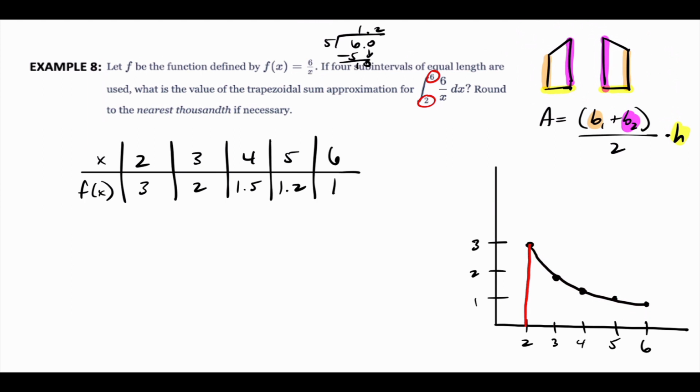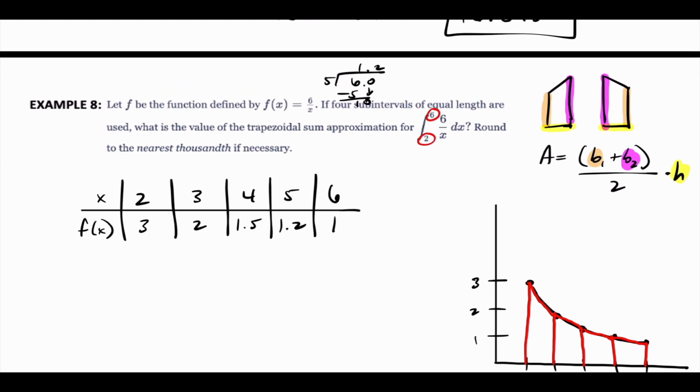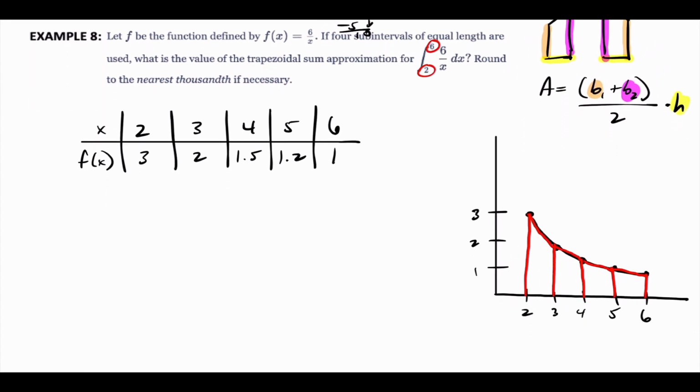The second base is going to be here. And then you're going to connect them there. For the next one, the first base is there already. Second base is here. Connect them. And there are the trapezoids. We got 4 of them.